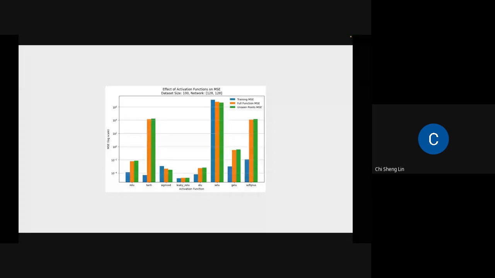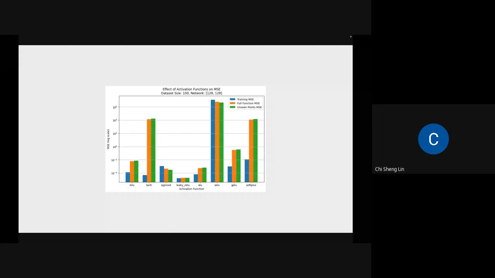The exponential linear unit stops at 3,200 epochs, and it's the second fastest training. ELU also performs better than the classical ReLU, the standard ReLU, confirming that exponential scaling stabilizes the learning.